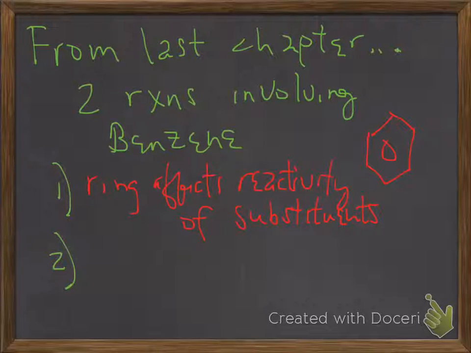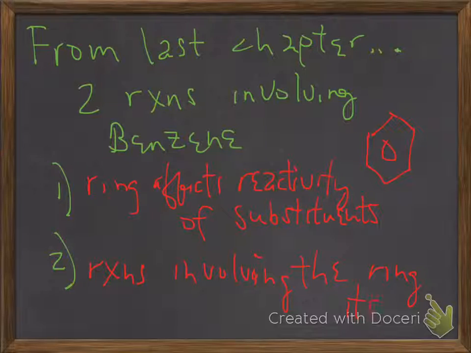The second class of reactions, which is what this chapter primarily deals with, are the reactions involving the ring itself. There are two types of these reactions, just broadly.